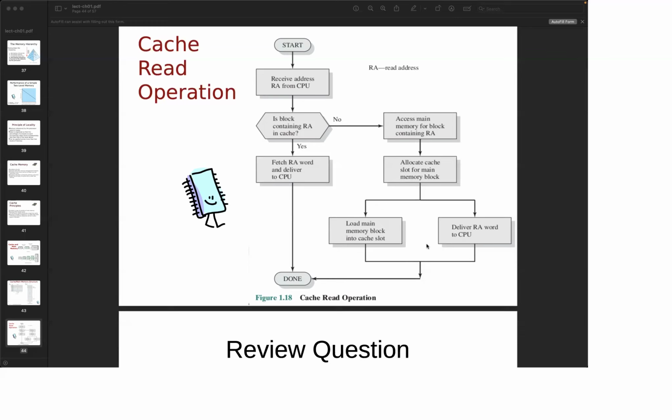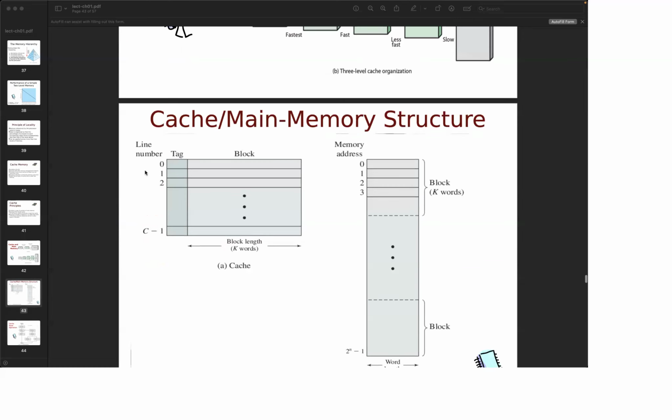Then there's a question. The cache always has a smaller size than main memory. So when it's occupied, I say it's full. When I have a new address, if I need to get something, how are we going to do it? You're saying the cache is full and you need to get something that's not in the cache.